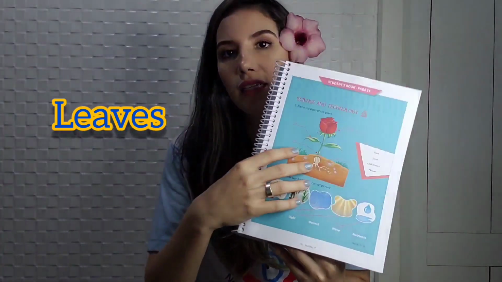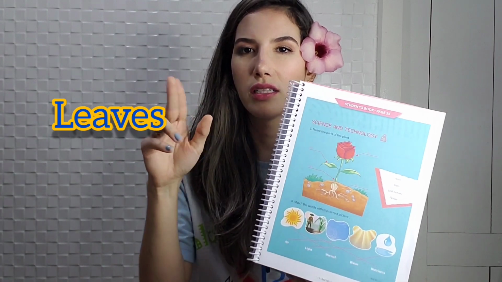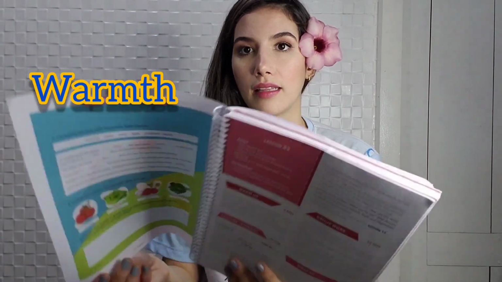Let's do this. So number 7, a healthy plant has green leaves. Do you remember the leaves? Green leaves. This is leaves. Leaf and leaves are similar, right? Green leaves. And the seed needs warmth to germinate.